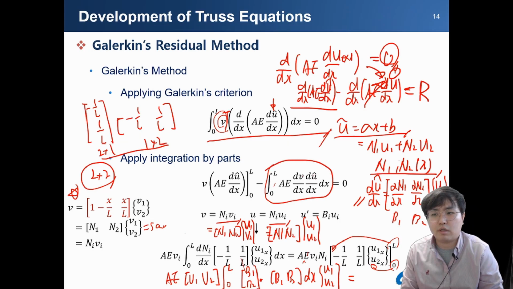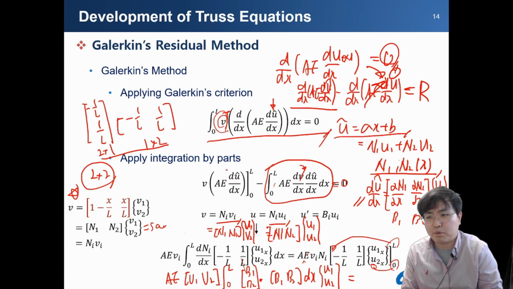After we cancel out this v value, you don't need to worry about it. So anyway, this equation is always equal to 0. However, this part is not the integration equation. This part is some value here.